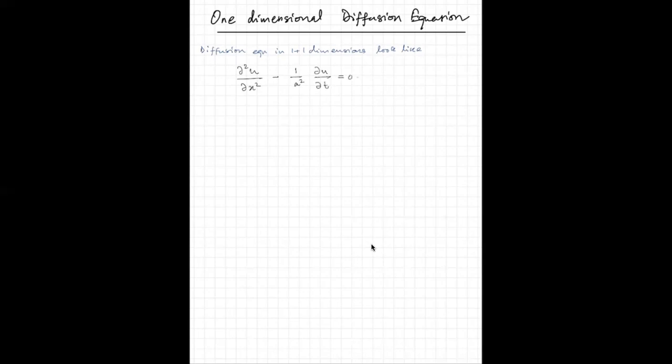Okay, very good. And so this is a parabolic equation that you can see, and the characteristics are just t equal to constant.